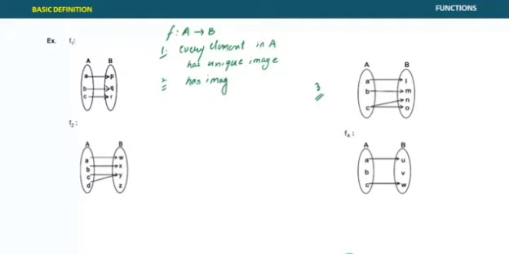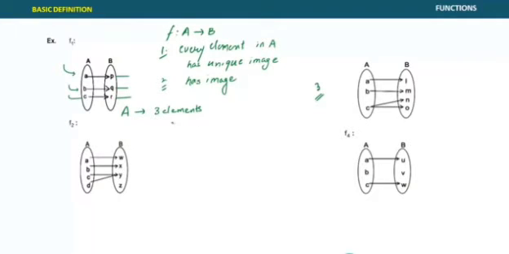Now let me take it with the 4 examples that we already have. In this particular case, how many elements are there in A? 3 elements are there in A, right? So they are mapped: if you input a, your answer will be p. If you input b, your answer will be q, and if you input c, the answer is r, right?